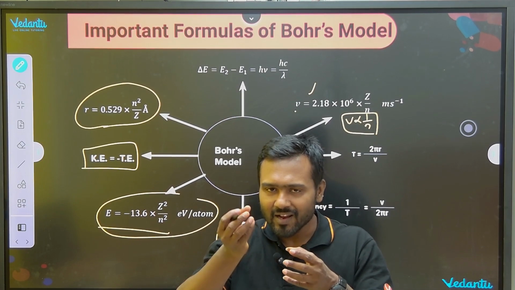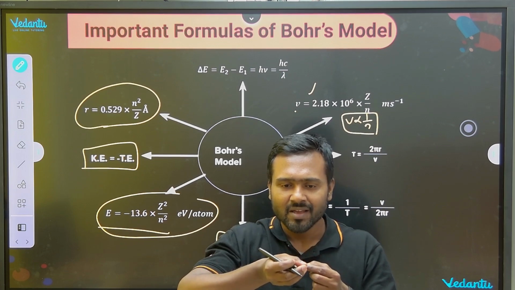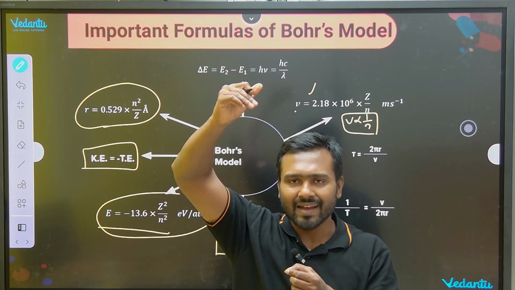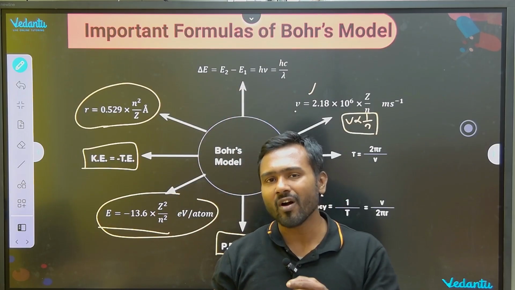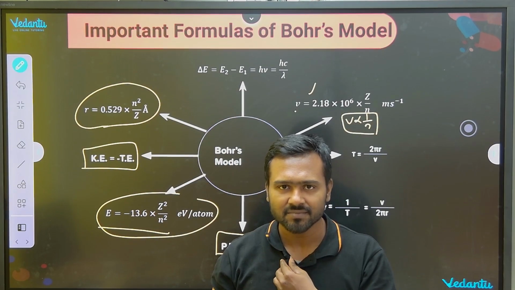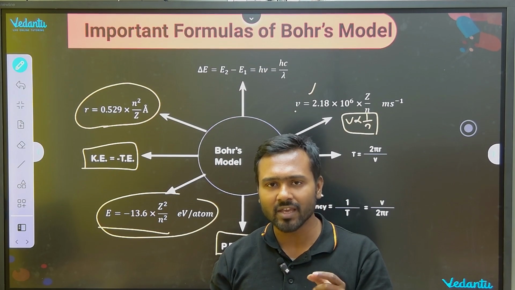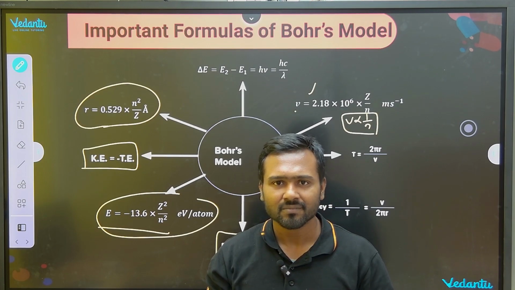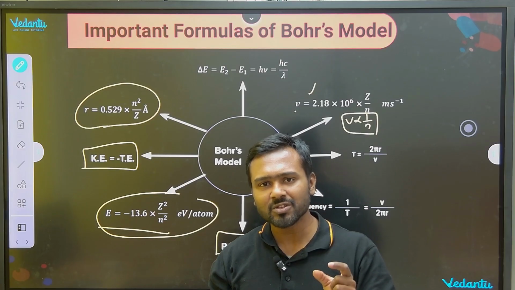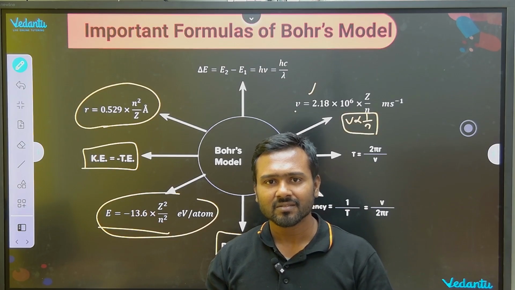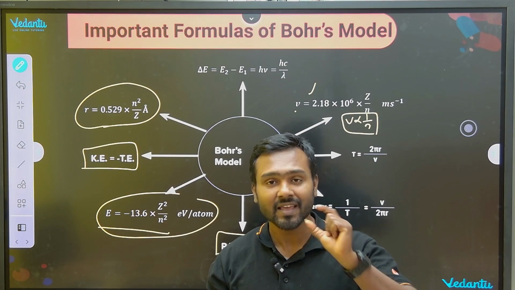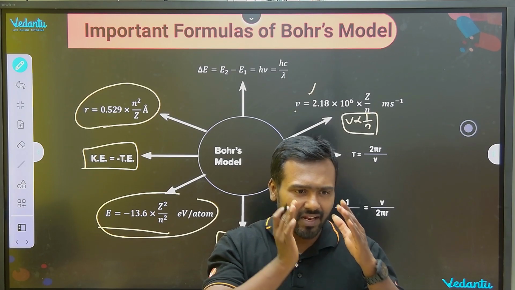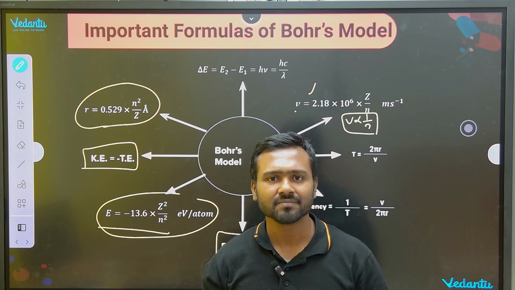But the excited state is not stable, and again it comes back. Whatever energy it gained, it releases, and that gives a characteristic color to the flame, specific to the specific element.